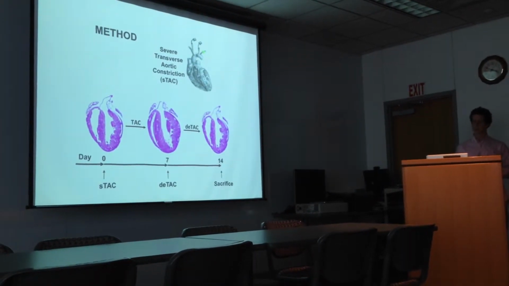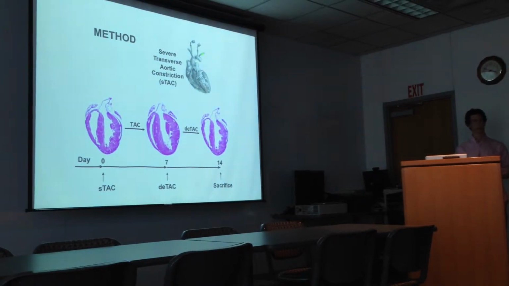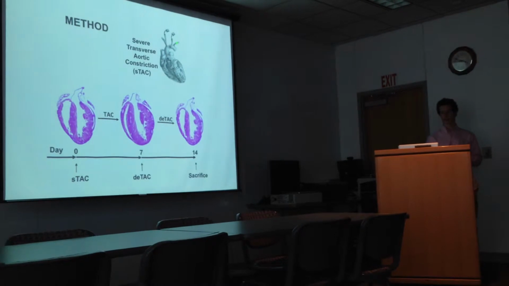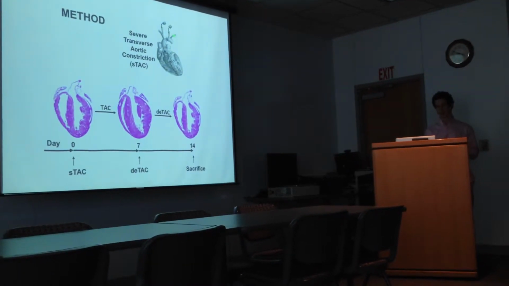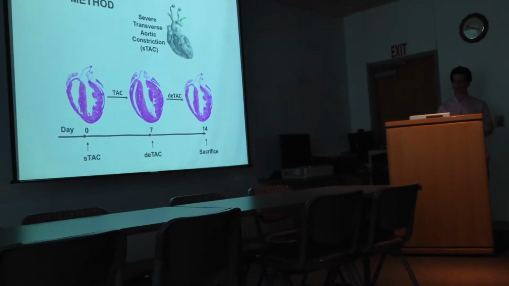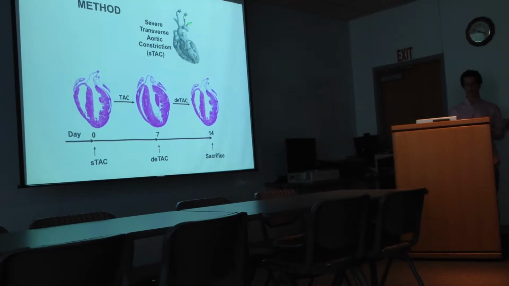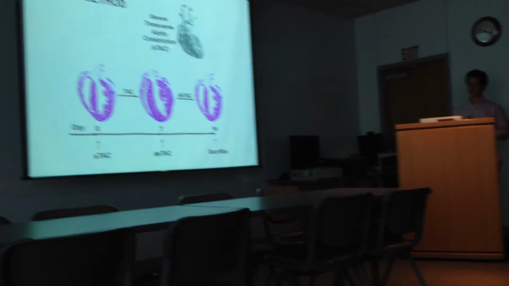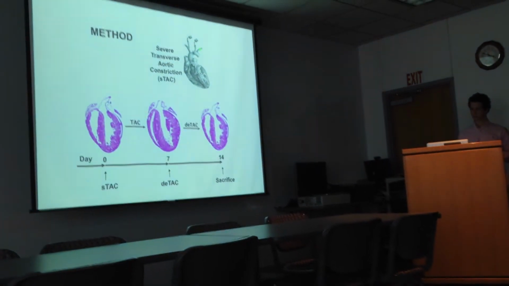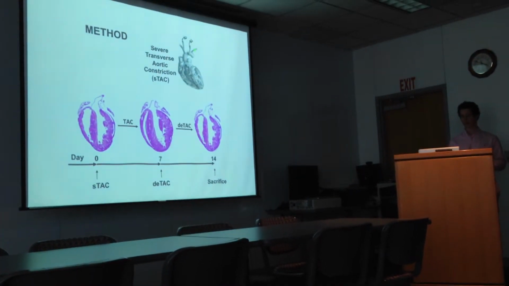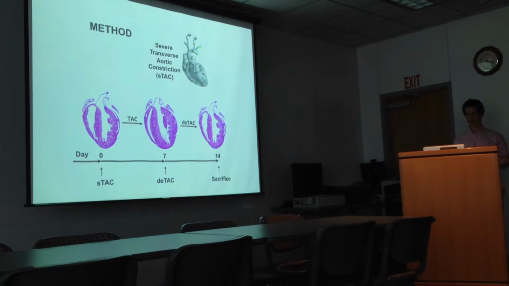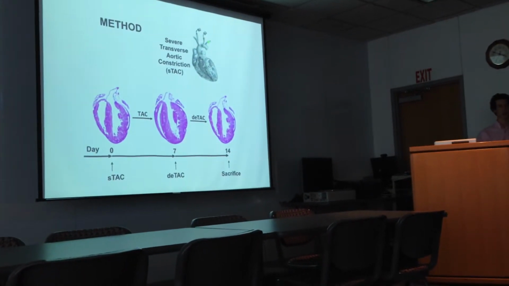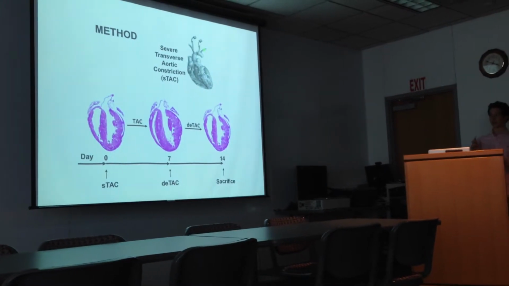To simulate cardiac stress and load, we subjected mice to severe transverse aortic constriction, or TAC, for 1 week to induce hypertrophy, after which we removed the constriction, the DTAC, and observed regression of cardiac hypertrophy initially caused by the original TAC.